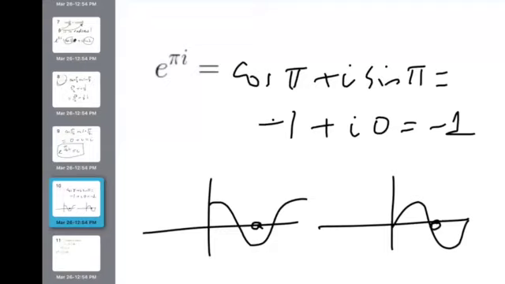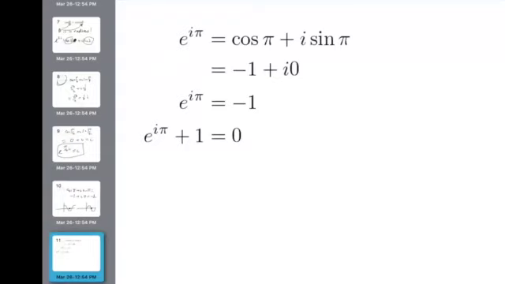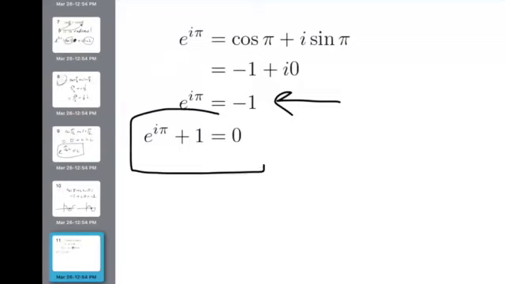If you were to take that and add 1 to both sides, you would end up with this equation. And that equation is often called Euler's identity, spelled E-U-L-E-R but pronounced Euler identity.